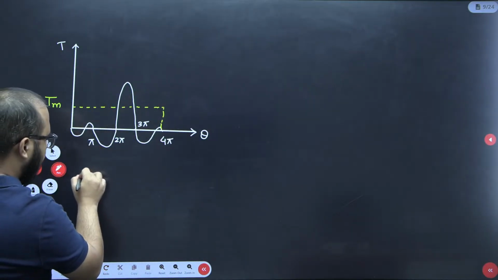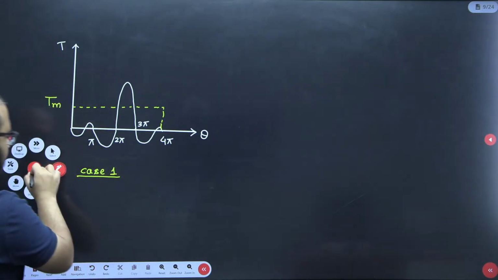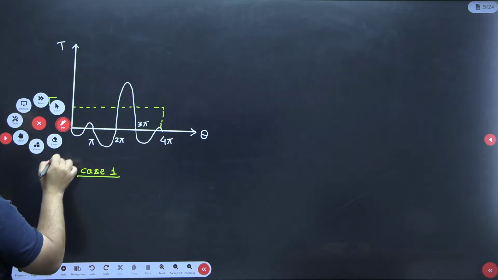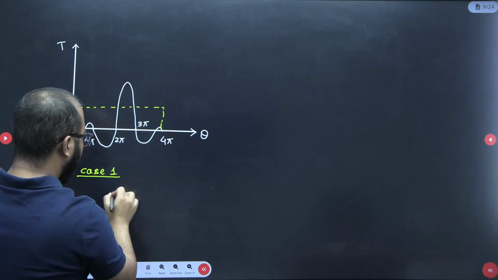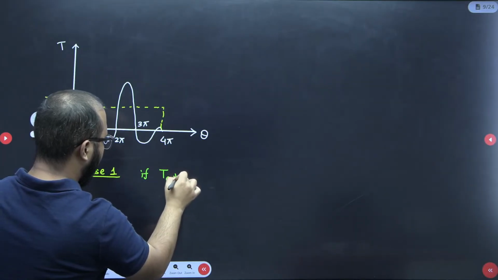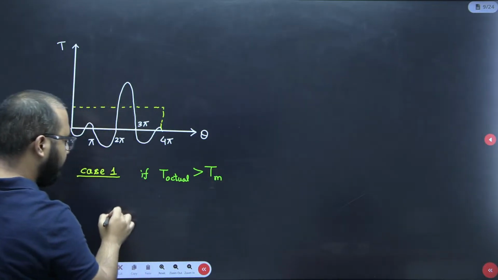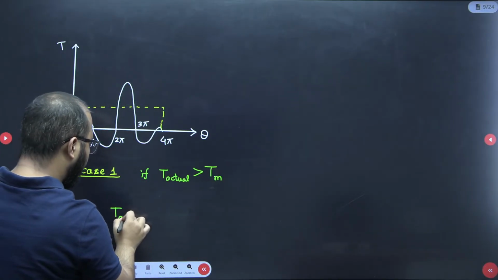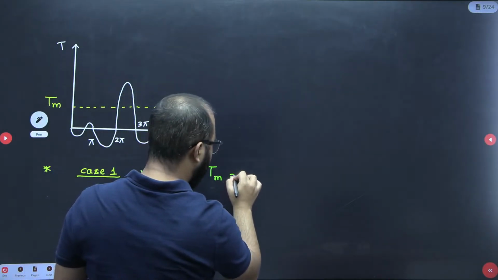So write it like this, case first. Okay, so this information is also very important. So everyone please note it down. If actual torque is greater than the mean torque, in that case this is the case of acceleration.